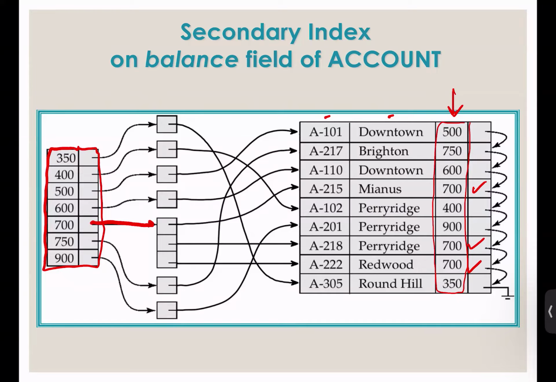Otherwise, you will lose the item. Here, when you want to find items with balance 700, you go to the index entry here, 700, and then you follow the pointer. So the first one, this one, here's the second one, and here's the third one. This is called dense. We have all the pointers needed to point to every single data record available.